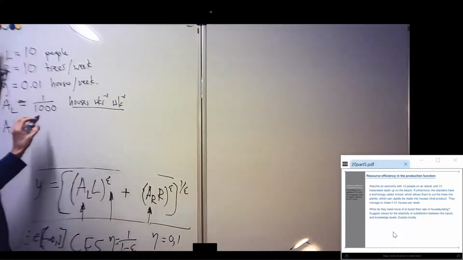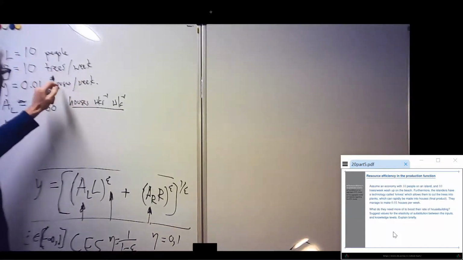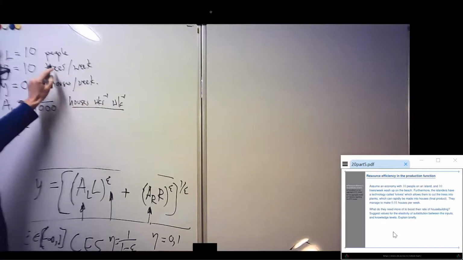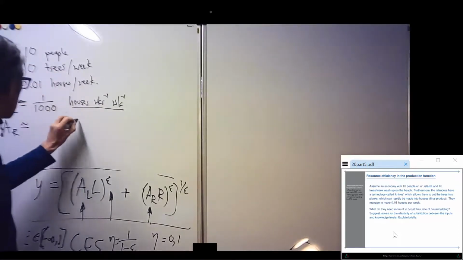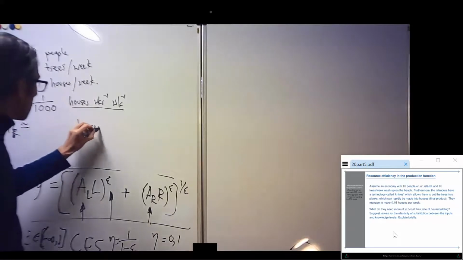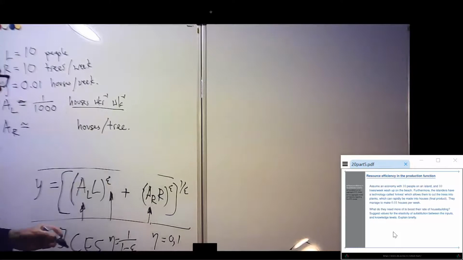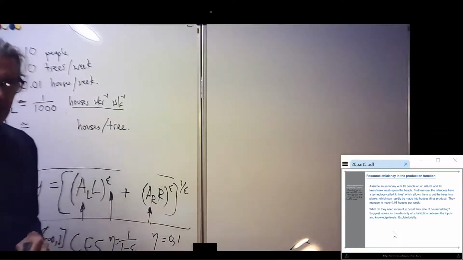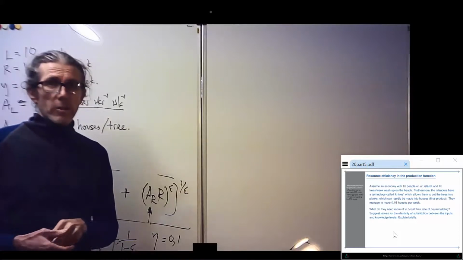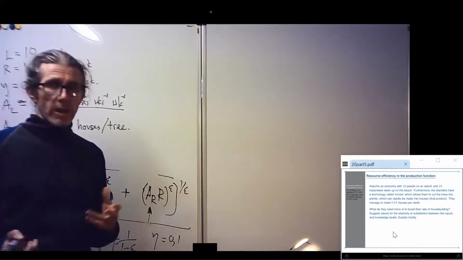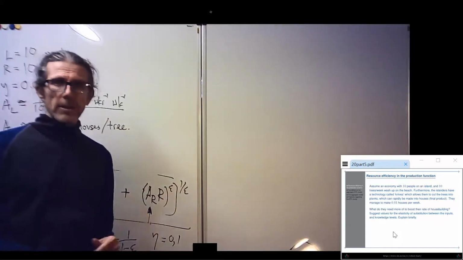Well, trees per week, houses per week is the output. So AR must have units houses per tree, mustn't it? So how many houses can you make from a tree? If you're cutting the tree up with a knife or knives and then making a house, of course, it depends on the trees and it depends on the house.